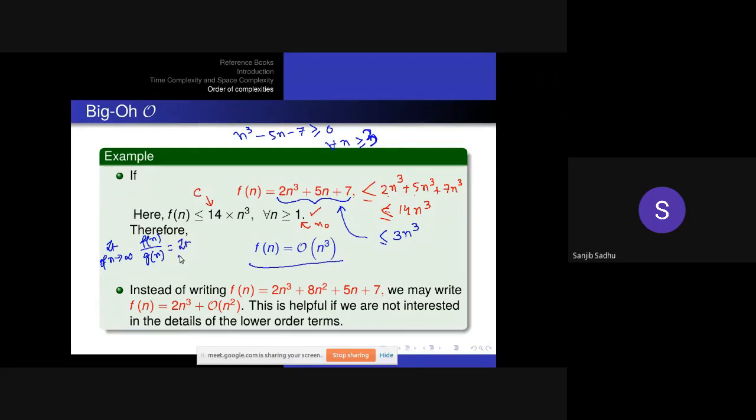You will get 2 plus 5 by n square plus 7 by n cube. I am dividing fn by gn, where gn is n cube. So what will be the answer for this?